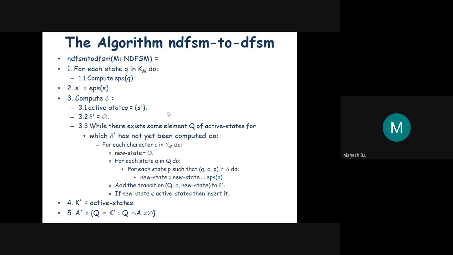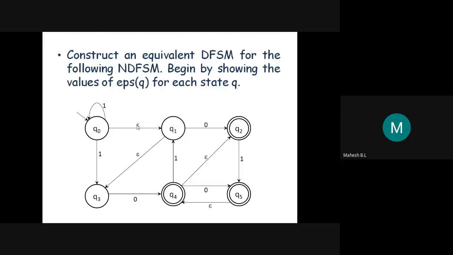Then you need to add S dash to the set of active states. Initially delta dash is ∅ because you have not defined any transition yet for the DFSM. Then while there exists some element Q of the active states, you need to consider one of the elements of the set of active states, call it Q. So in our example, what is Q right now? It is nothing but Q naught, Q1, Q3, a member of active states.